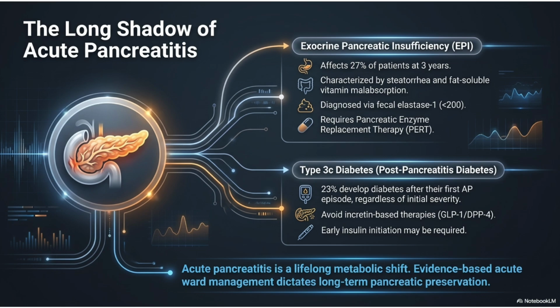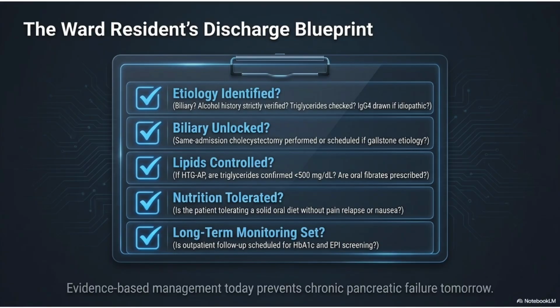Evidence-based management of acute pancreatitis and regular follow-ups is going to prevent long-term complications. So here's what residents, medical students, or even practicing hospitalists should know as a checklist when they're dealing with acute pancreatitis. Did you identify the etiology? Is it biliary? Is it alcoholic? Is it triglycerides? Did you draw IgG4?